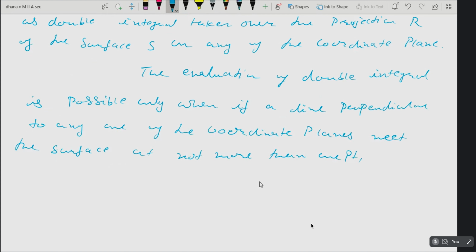This is very important. The evaluation of double integral is possible only when a line perpendicular to any of the coordinate planes meets the surface at not more than 1 point.